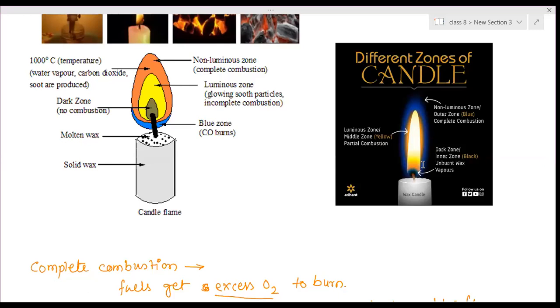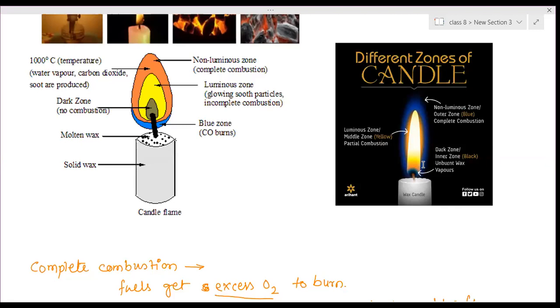Yes, ma'am. The outermost zone is blue because complete combustion takes place. Why does complete combustion take place? Because there the particles of the gas are in contact with air, so a larger amount of air is available for the gaseous particles to undergo combustion.